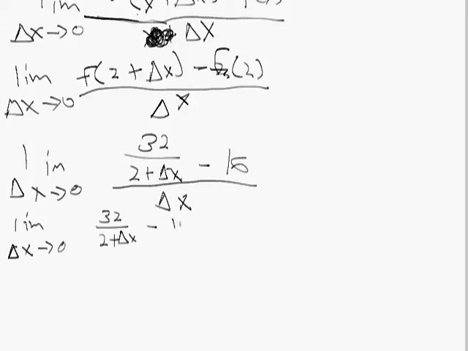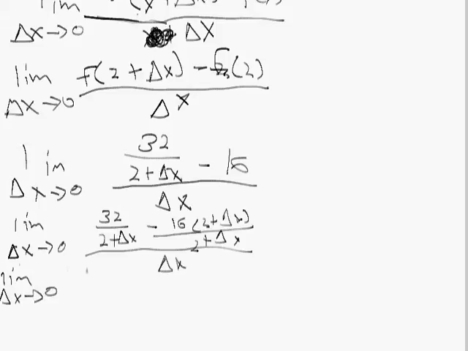I use 16 times 2 times 2 plus delta x. Perfect. Fabulous. 16 times 2 is 32, which works out nicely for you because then your 32s go away eventually.